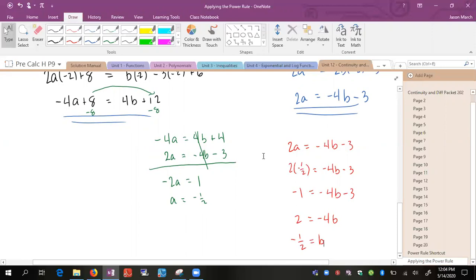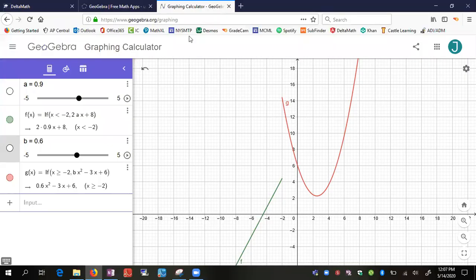And so there you have it. You have a piecewise function that should be continuous and look like a smooth curve. You can see here, I've actually graphed the function with sliders, right? Right now A is 0.9 and B is 0.6. As I change A, we needed A to be -0.5. There's that.